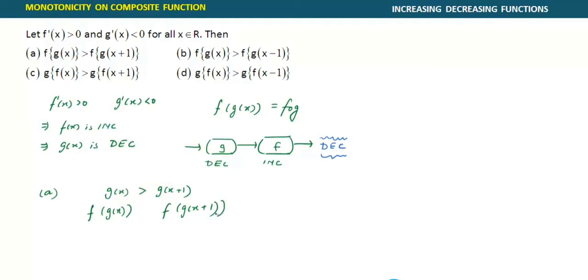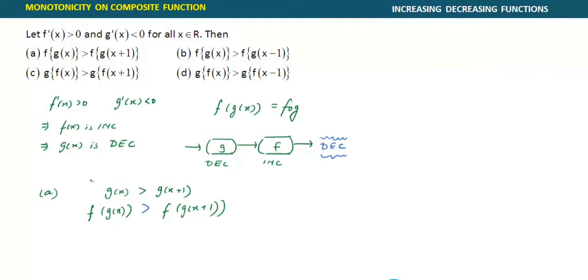Here f has input g(x), and here f has input g(x plus 1), and you know that this input is greater than this one. Since f is an increasing function, for a larger input it will return a larger answer. So this sign goes here, because the input g(x) is greater, so the value of f will also be greater.